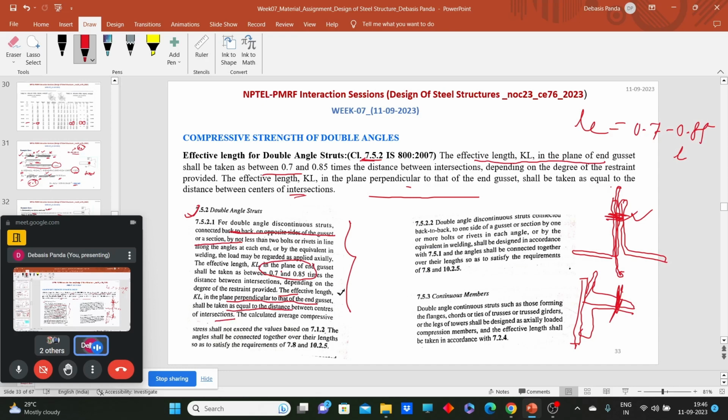That means simply you have to take the effective length as L. So two cases you just need to consider.